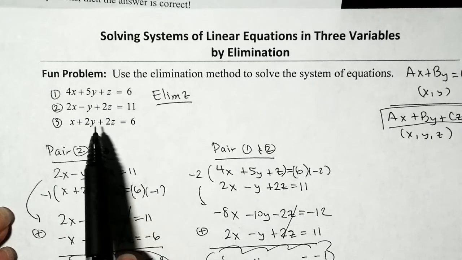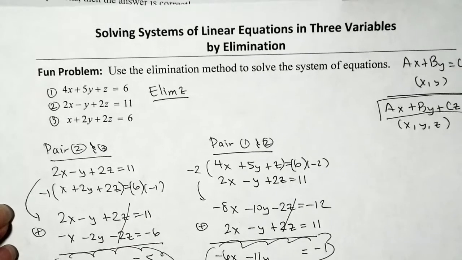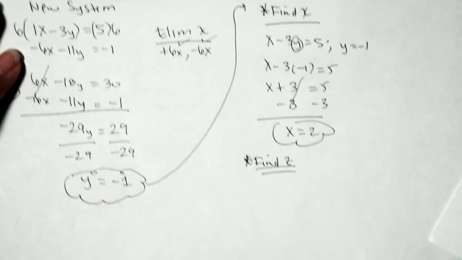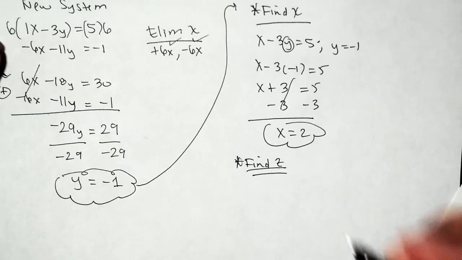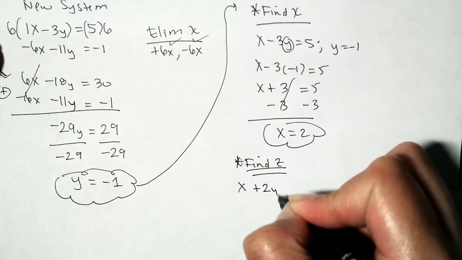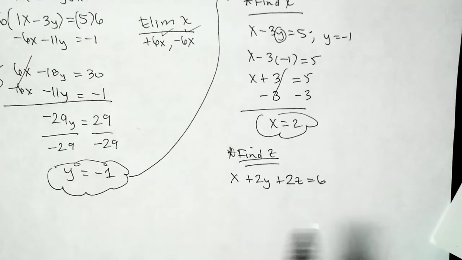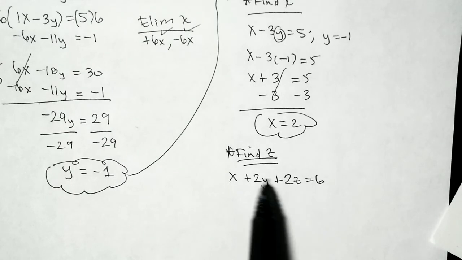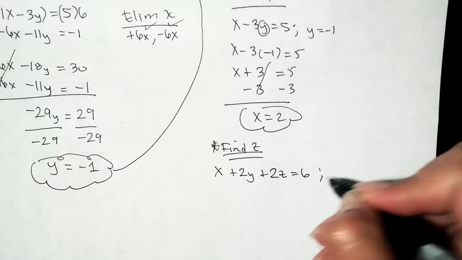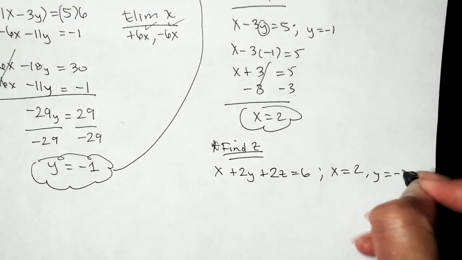Why? Because it has the smaller numbers without negatives. So I'm going to go ahead and pick that one, the number 3. You're just going to have to trust me that I copied it correctly. So the third equation reads x plus 2y plus 2z equals 6. We want to find z, so we have to plug in the value for x, which is 2, and the value for y, which is negative 1.